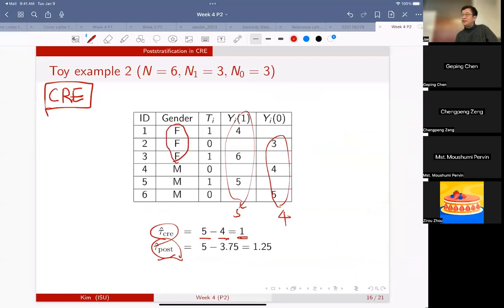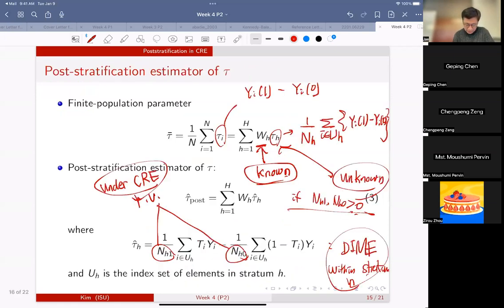We have 3 females, so the proportion of female is half. Within the female group, we compute the mean difference, which is 5 minus 3, plus the male part.